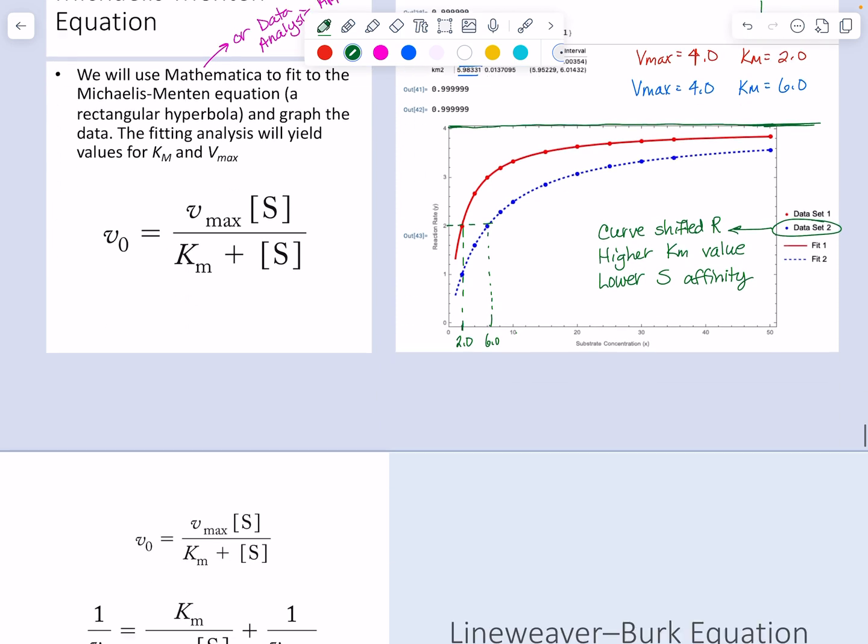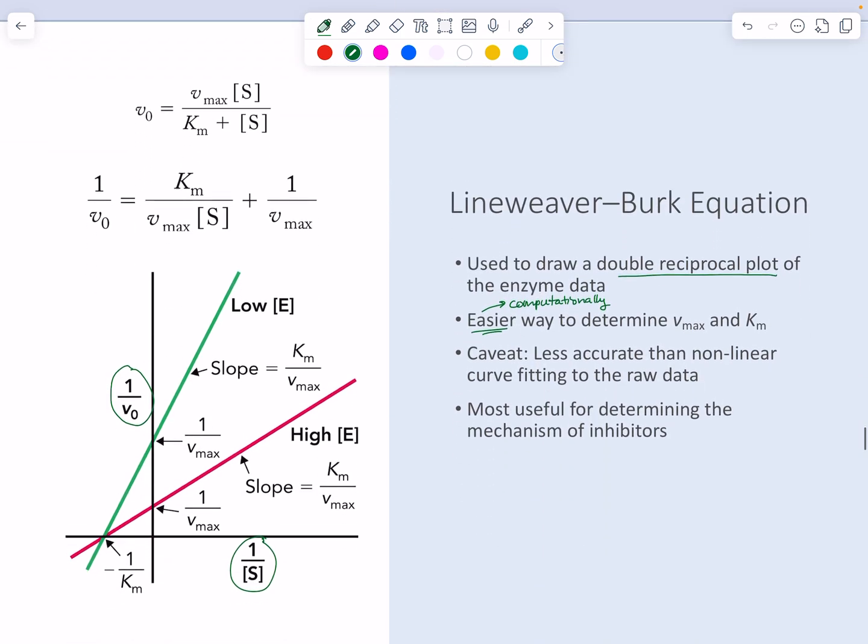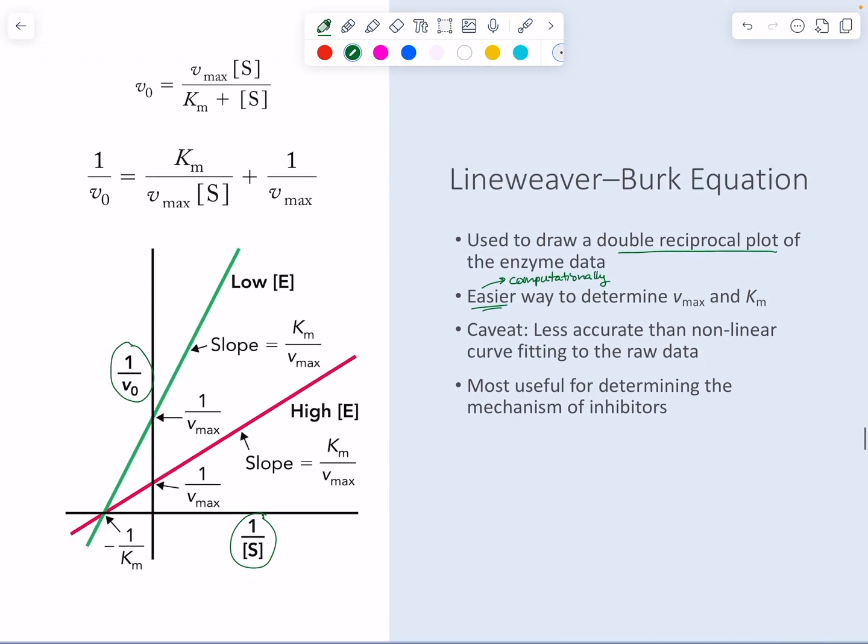However, doing a Lineweaver-Burk analysis is kind of the best way to visualize changes in Km and Vmax.